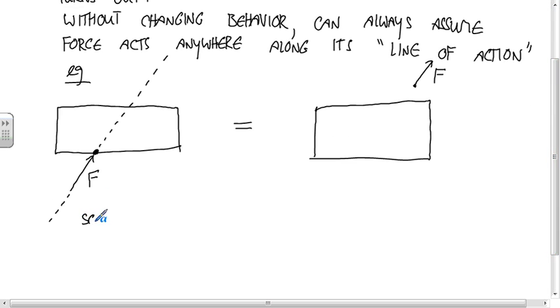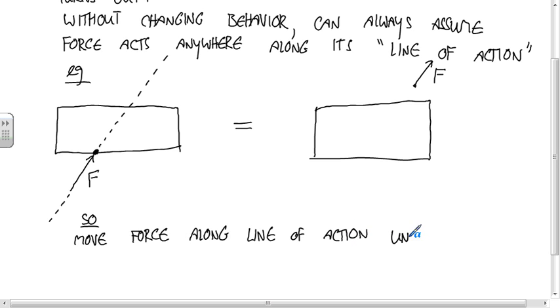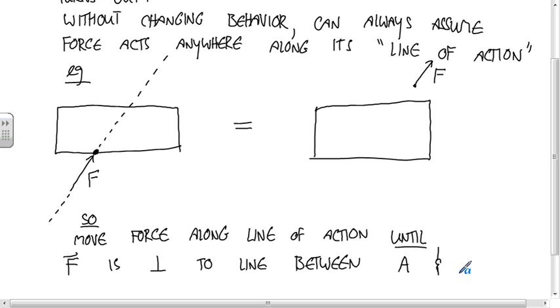So what you do is you move the force along its line of action until the force vector is perpendicular to the line between A and P.